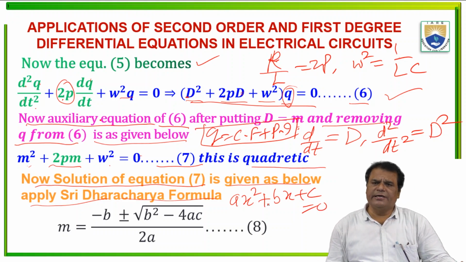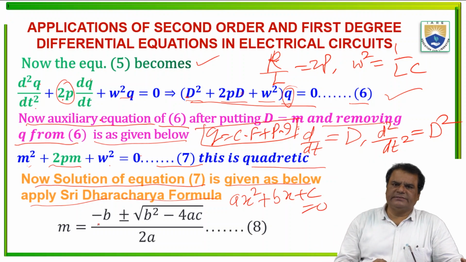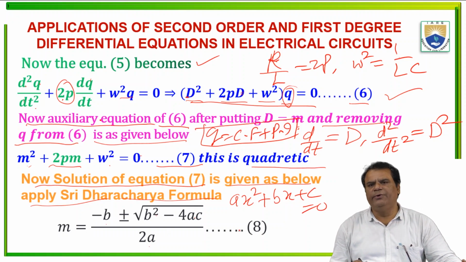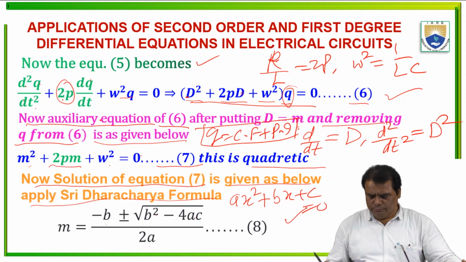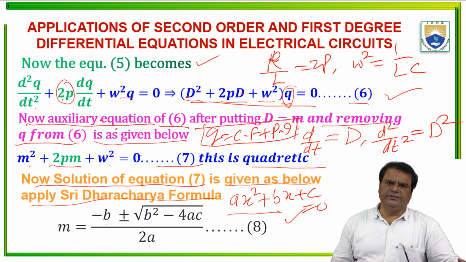To find the roots of x, we apply the Sridharacharya formula: M equal to minus b plus minus under root b square minus 4ac upon 2a. This is equation 8. After comparing this general equation to the given equation 7, we find the values of a, b, c.